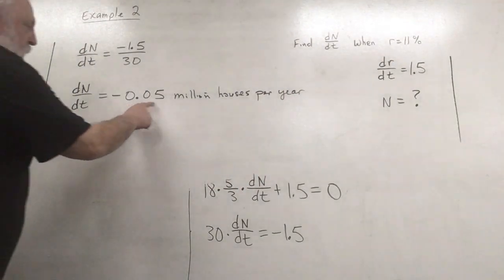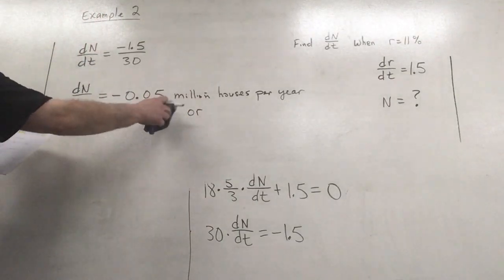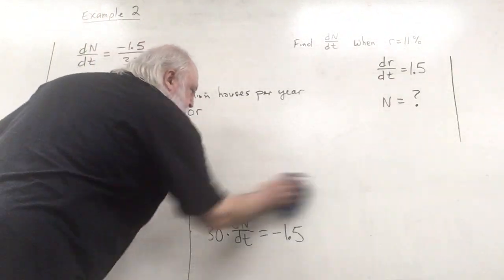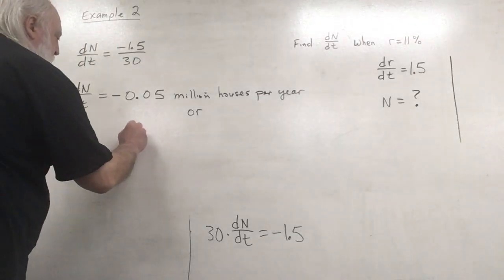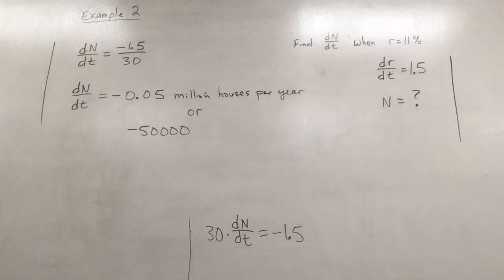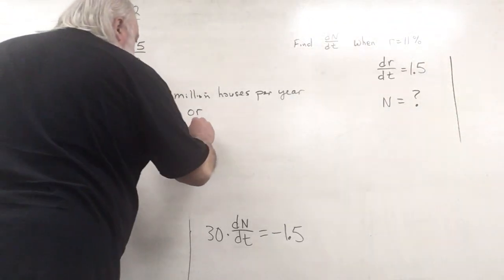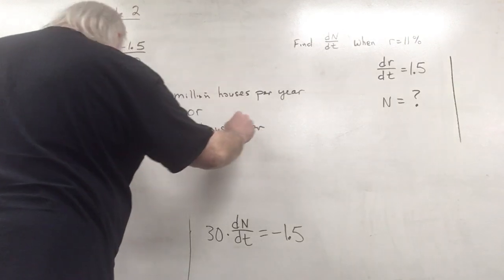If I multiply minus 0.05 times 1 million, I get minus 50,000. So the number of new housing starts is decreasing at the rate of 50,000 houses per year.